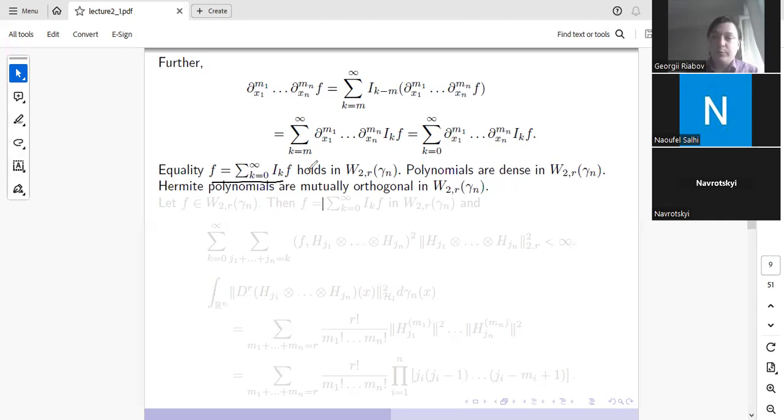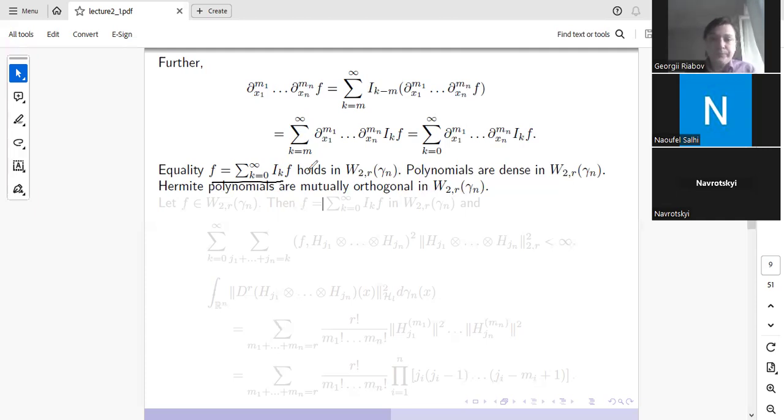Because when we take two different Hermite polynomials, I mean of different order, they are orthogonal in L2. When we differentiate them in the same variables, we will also get Hermite polynomials of different order. So they will also be orthogonal. Or maybe one of them will be 0.